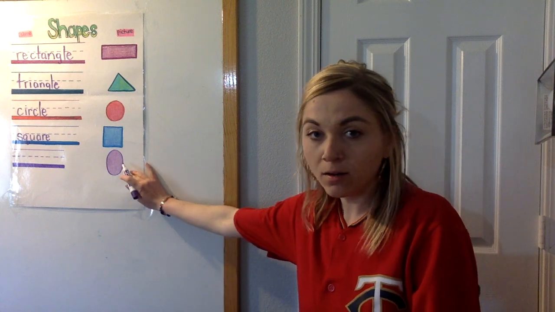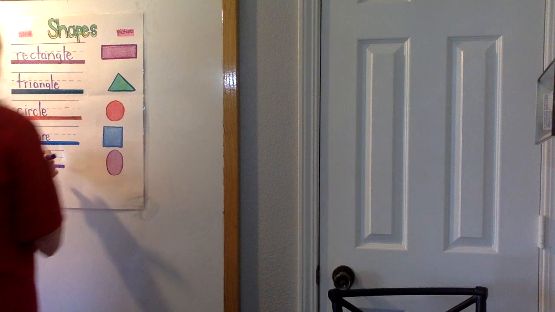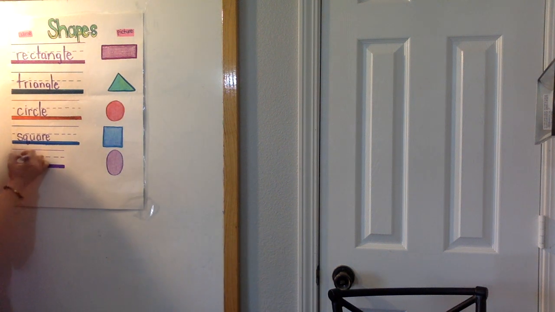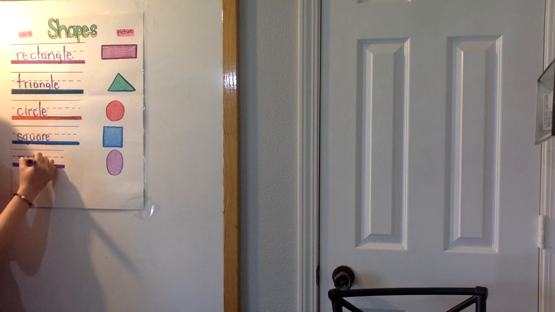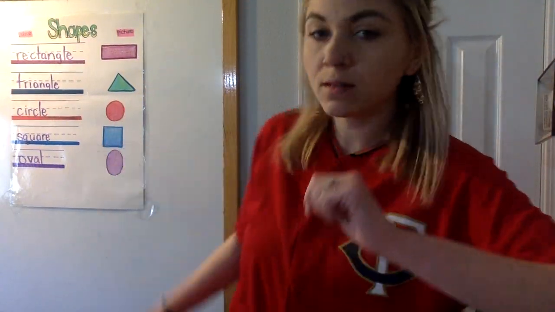And it makes an oval. I bet you could probably sound this one out by yourself. O, V, A, L. Oval. Beautiful. All right. So now using these 5 different shapes is what is going to guide us in this lesson.